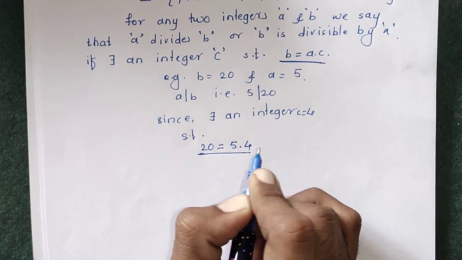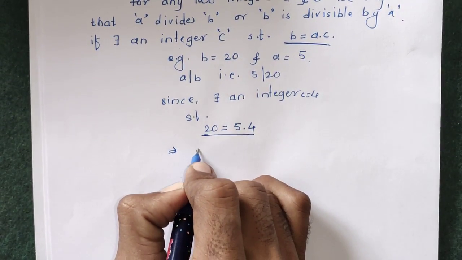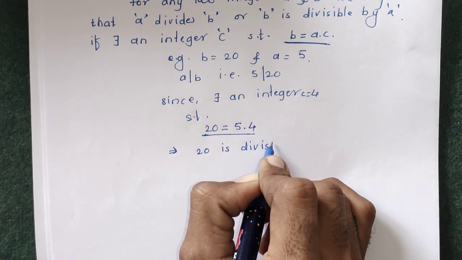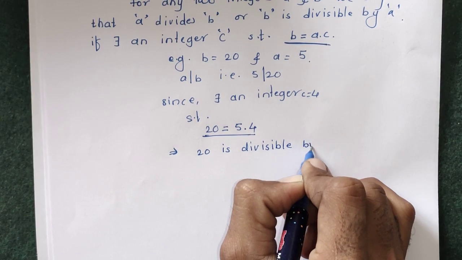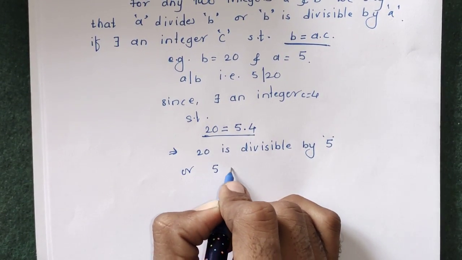This means 20 is divisible by 5, or 5 divides 20.